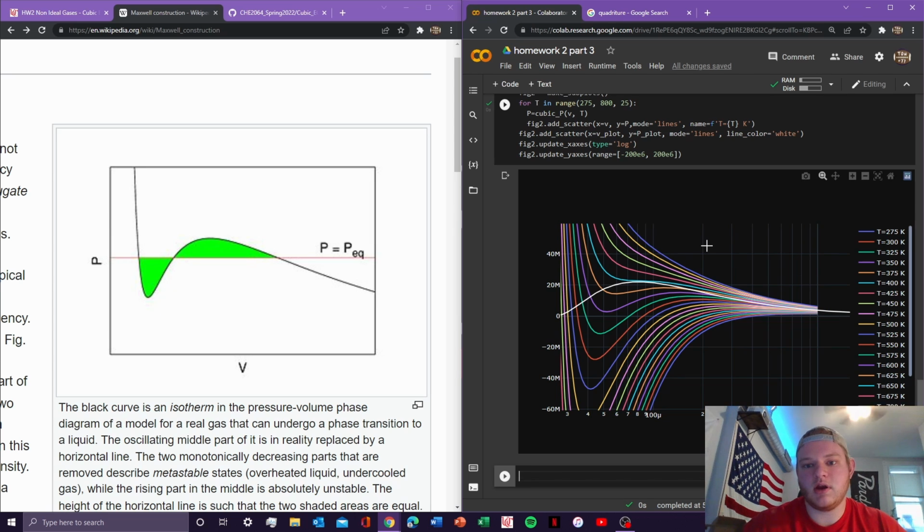Let me reiterate what this does. This separates the phases on the pressure versus volume chart that we plotted our isotherms on. This top point, where the slope is 0, is the critical point. On the left side is the liquid phase, and the right side is the gaseous phase.